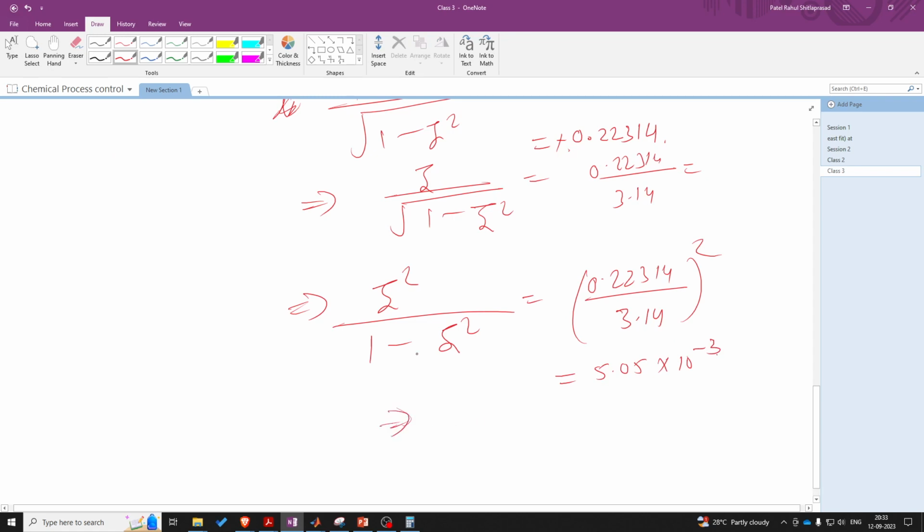So you can take the inverse of this: 1 minus zeta square upon zeta square will be approximately equal to, let's say, 1 by 5 is around 2 into 10 raised to minus 3, so 2 into 1000. So this will be approximately equal to, let's say, 200. So we can further simplify it as 1 upon zeta square minus 1 is equal to 200.